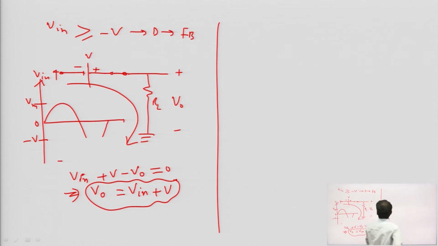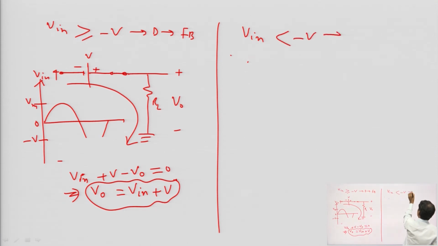For case 2, what will happen? When V input is less than minus V, the diode becomes reverse biased.